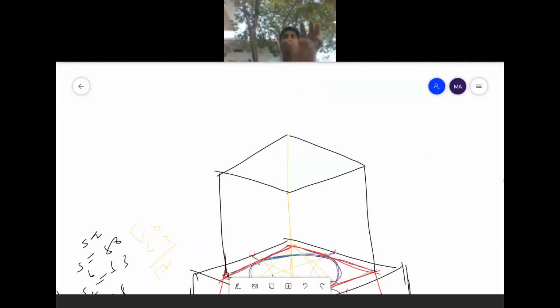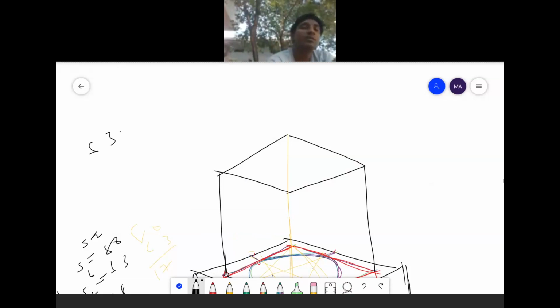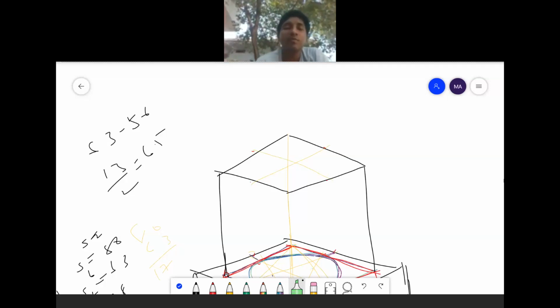So 63 minus 50, it is 13. 13 by 2, it is 6.5. First I will mark the midpoints. Here one midpoint, here one midpoint, here one midpoint. We'll draw these lines and reduce 6.5 from each side.